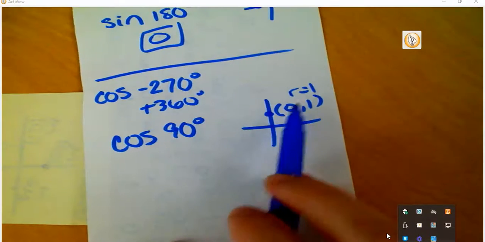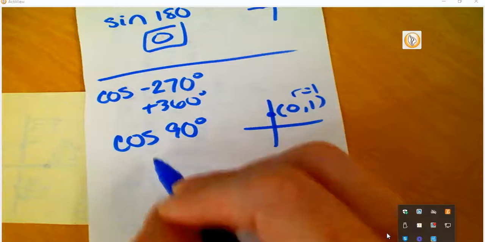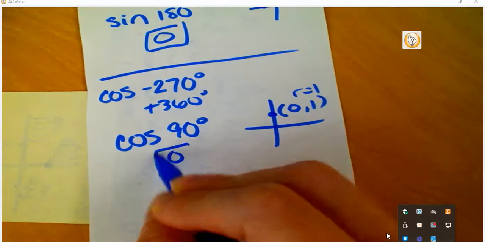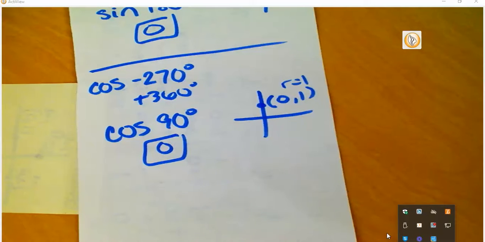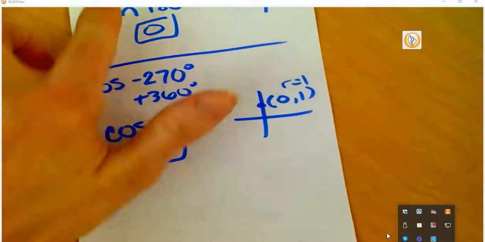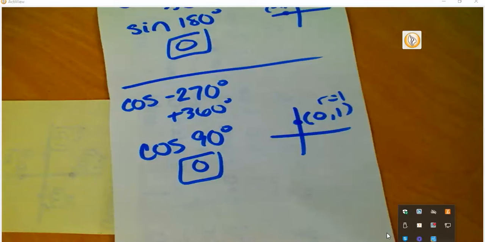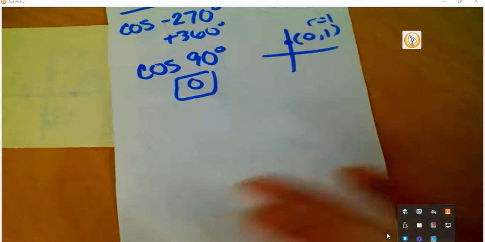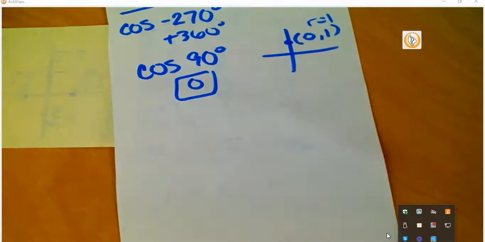Cosine is x over r, so we get 0. So that's how I want you to work through those problems. And I can give you things bigger or smaller, like 540 to negative 270, and you just add or subtract your 360 to get something doable. All right. Any questions there?